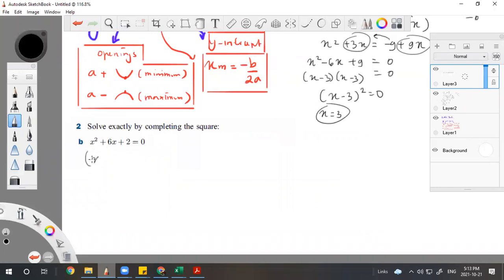So you have to put x plus 6 divided by 2, 3 squared, right? And then minus this square, and then continue. Are you learning this, or do you do it the other way around, or another specific way?